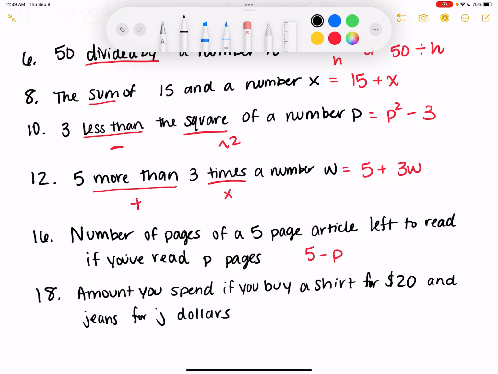So any idea what operation we're going to be using on this one? Addition. Addition, so how would we set this one up? 20 plus J. Yep. So we've got 20 plus J.